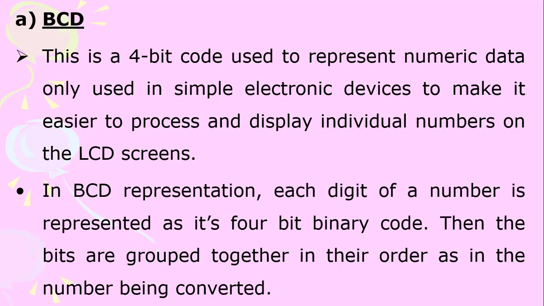In BCD representation, each digit of a number is represented as its 4-bit binary code. Then the bits are grouped together in their order as in the number being converted.